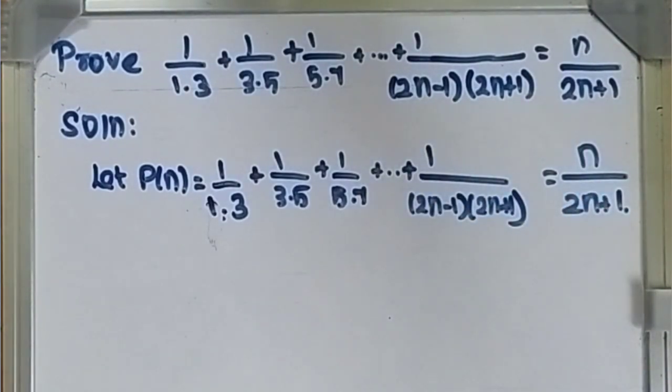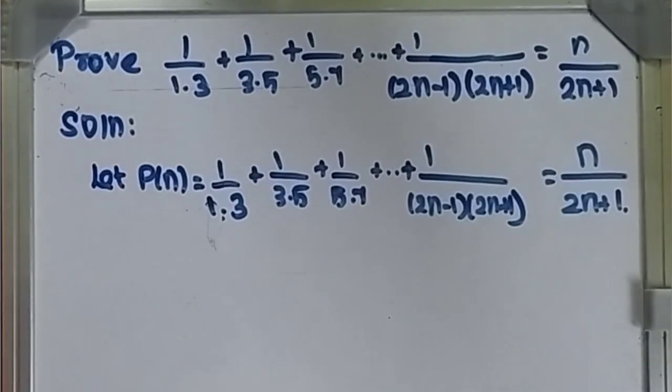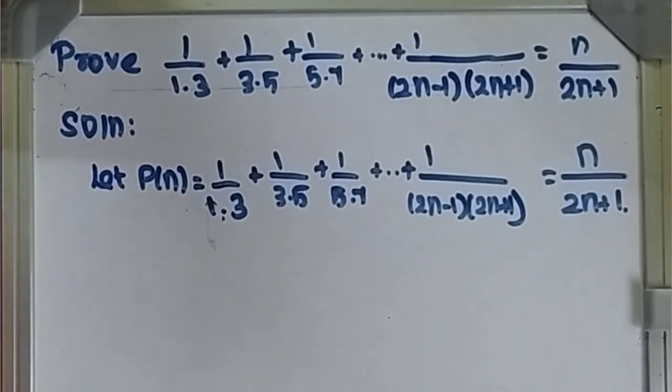Right? As I said, this sum contains 3 steps. First step is we have to check whether this equation behaves properly for n equals 1. So shall we check it?